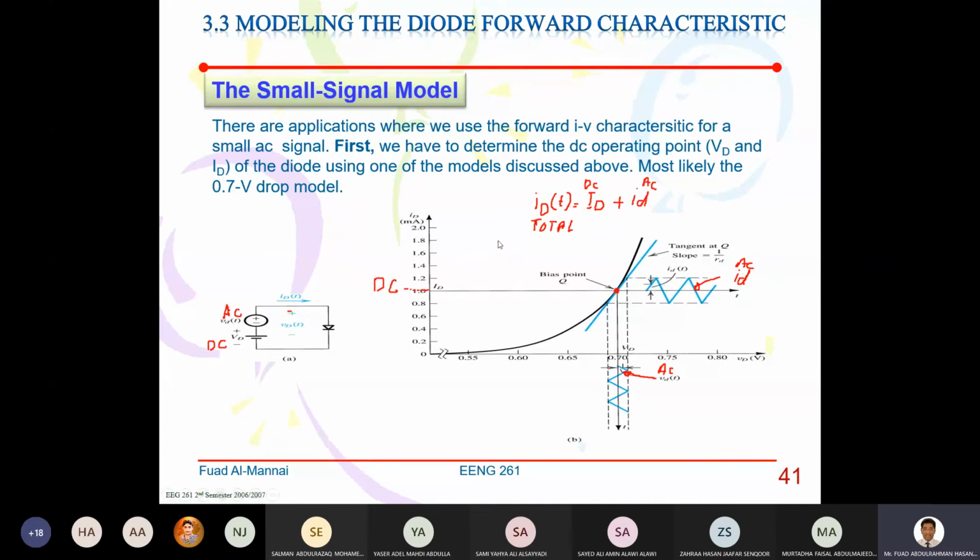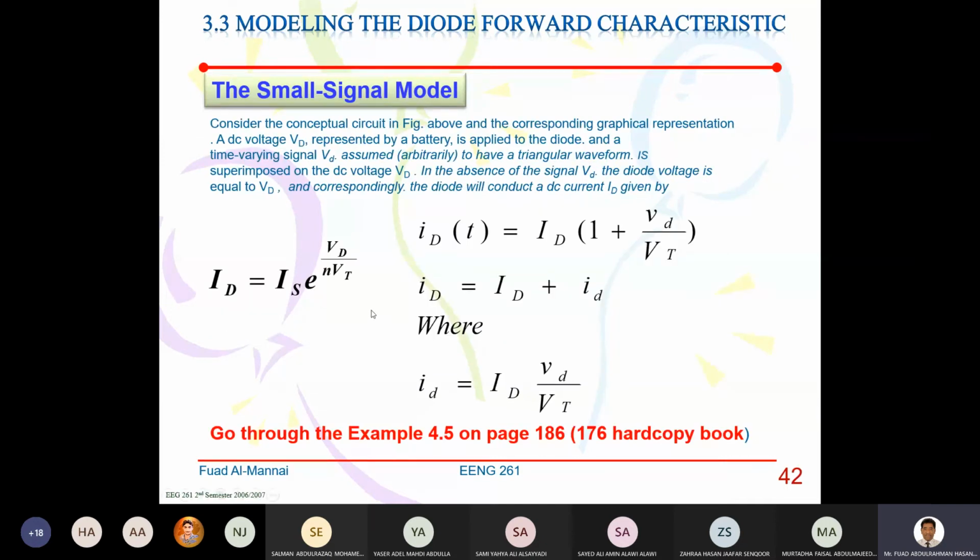This is ID total. ID total is equal to ID DC plus ID AC. Got it? More about this when we go to study transistor amplifiers. Any questions?